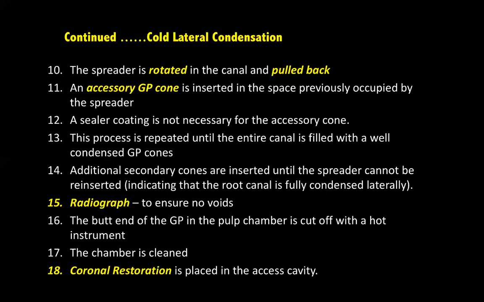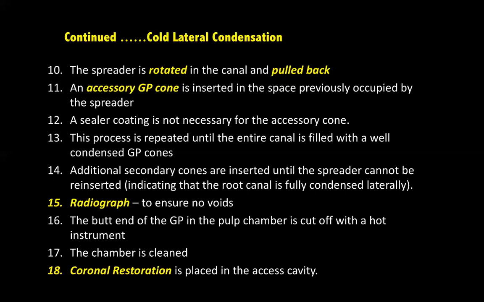The process of inserting accessory cones, putting the spreader in again, and then putting in new accessory cones is repeated until the canal is filled and there is no space left for another accessory cone to be inserted.